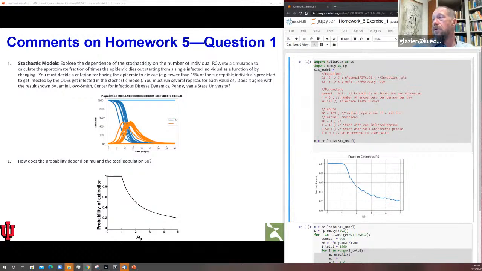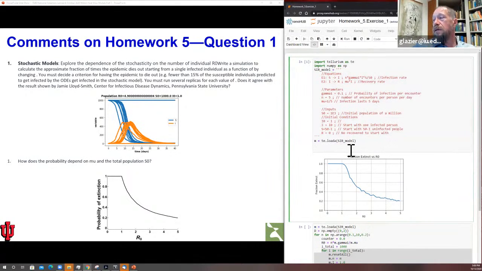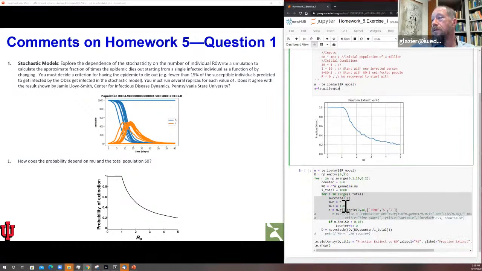Okay. So do people have this working? Now what I'd like to do is run this as a Gillespie. So I'll do S equals P dot Gillespie. Let's see. Type it right. There it is.